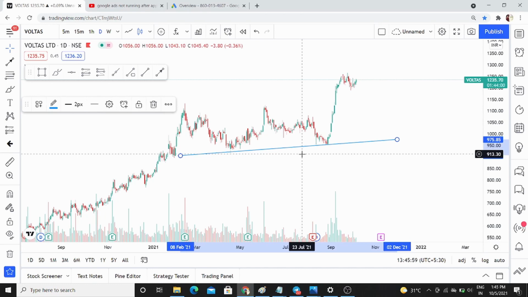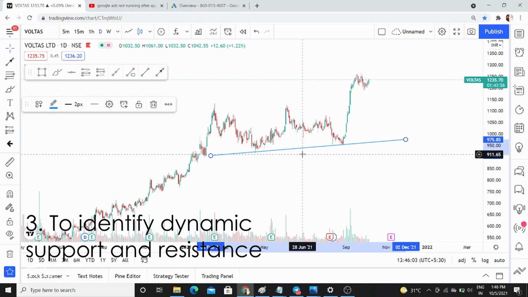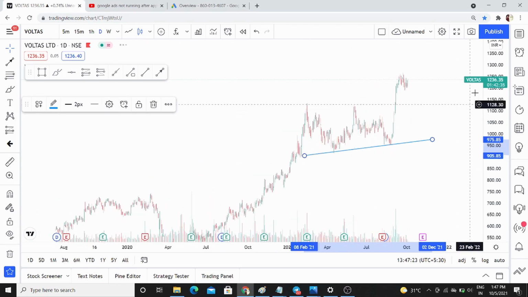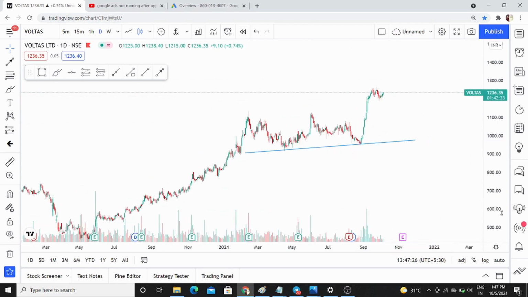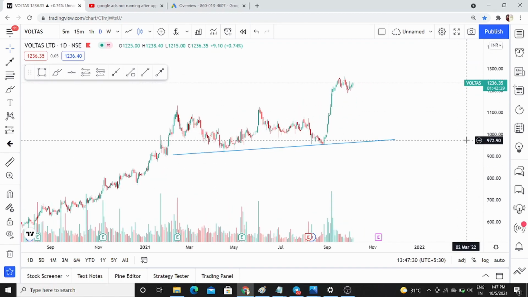And third, the most important one, it indicates the incoming dynamic supports and resistances. If you know how to draw proper trend lines, then you can make the right decisions and take the right trades. As you know, price action is all about patterns, and the patterns are made of trend lines. So learn how to draw trend lines properly and become profitable.